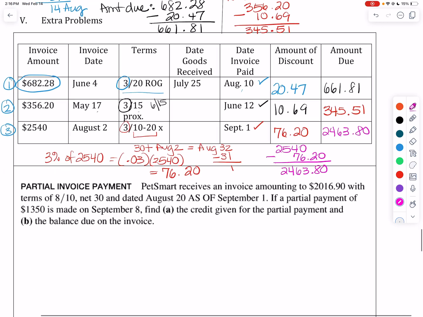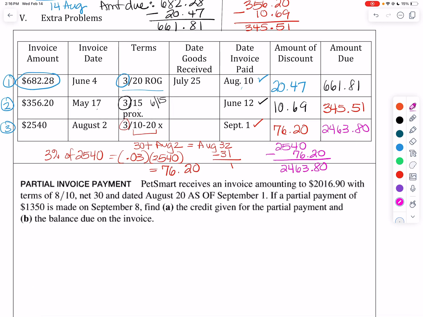Okay. Now we're going to do a partial payment one again. Remember, this one has a couple of things. As of September 1, we've got 10 days, so 10 days plus September 1 is September 11th. And they made a partial payment on September 8th.